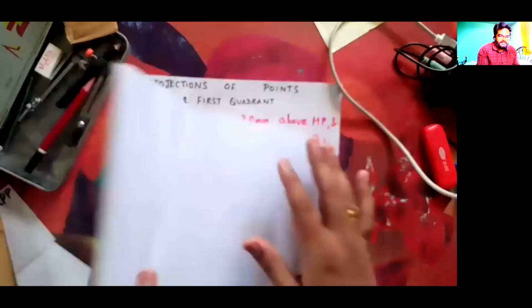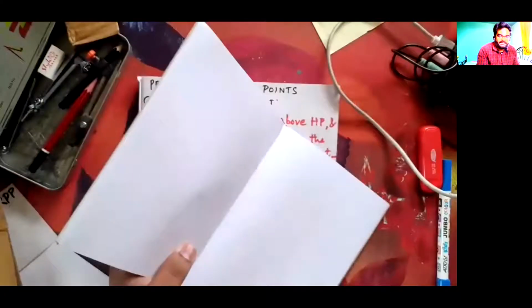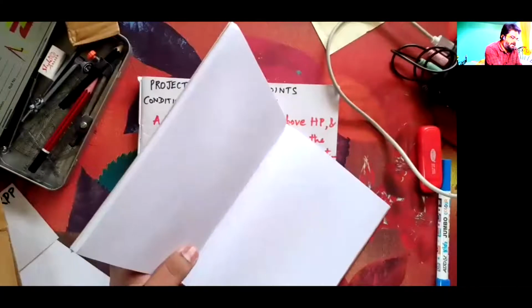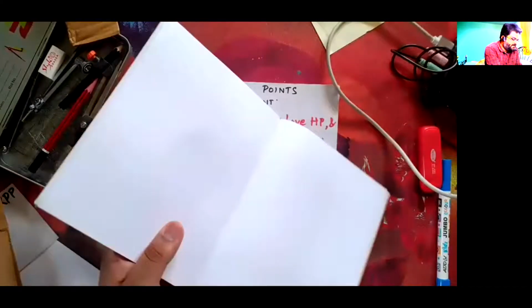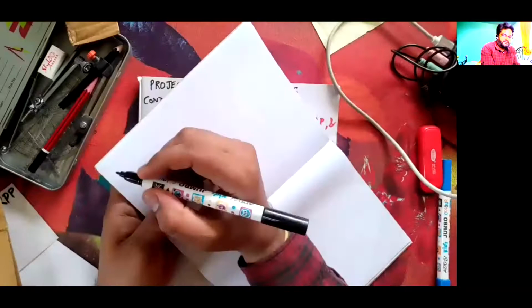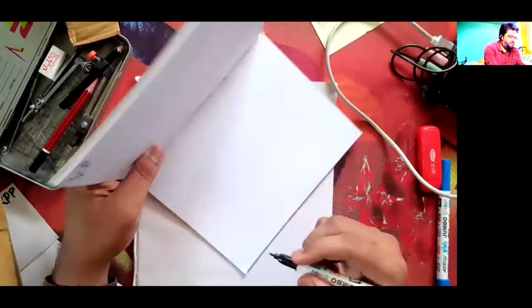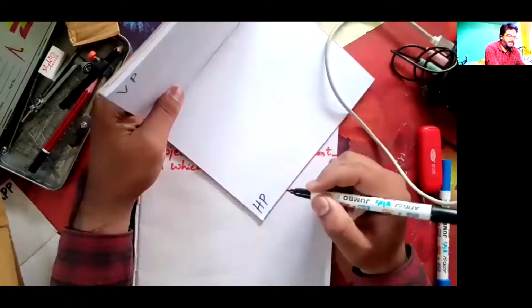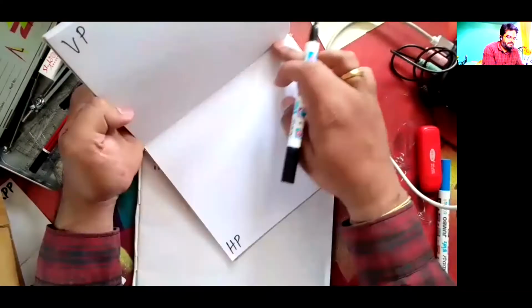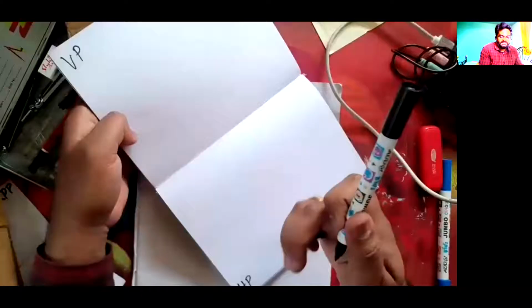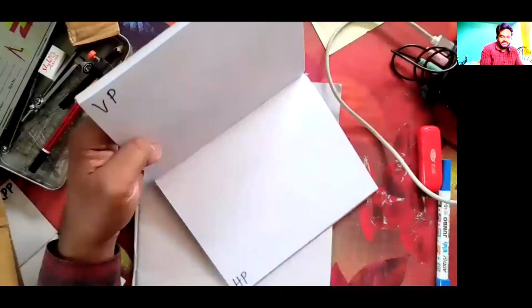Now, listen carefully. We are creating a three-dimensional space. I am representing this vertical plane and this horizontal plane. You know the difference between these two is an XY line. I'll just leave it as it is and I'll imagine and represent its front view.